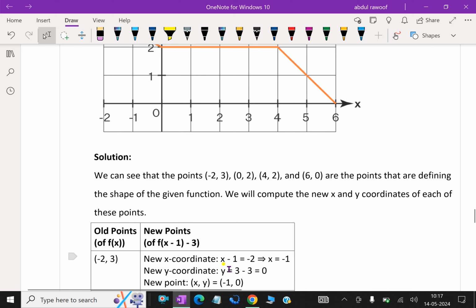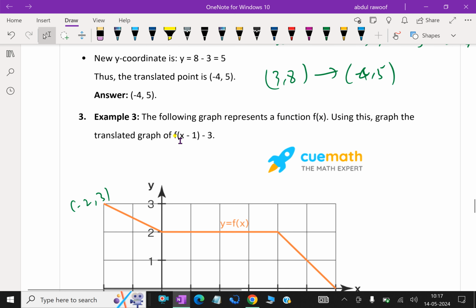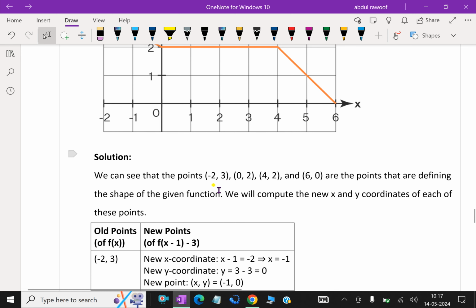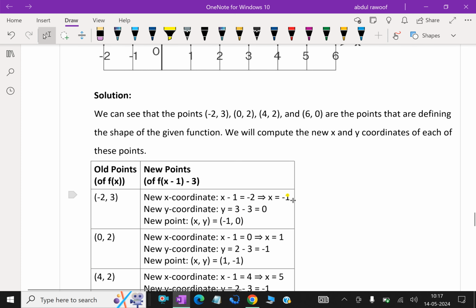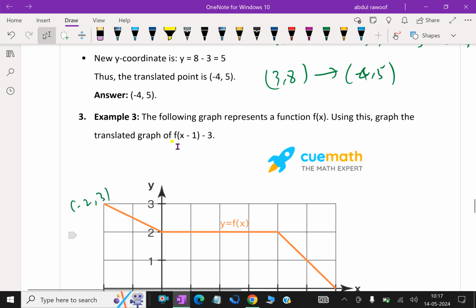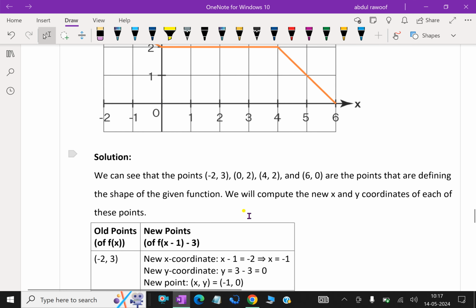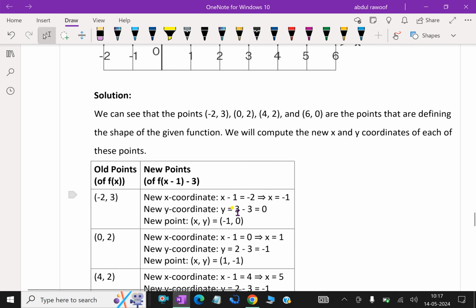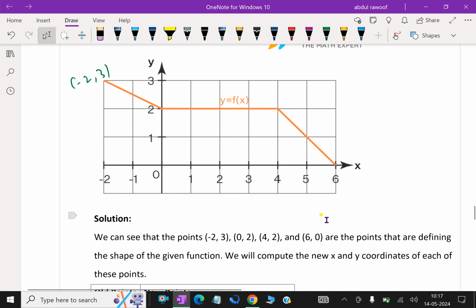The new x coordinate: x - 1 equals -2, then x becomes -1. The new y coordinate: 3 - 3, because this 3 is already given, becomes 0. Therefore, the new point is (-1, 0).